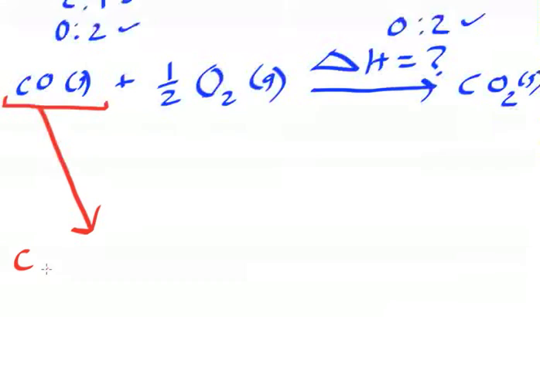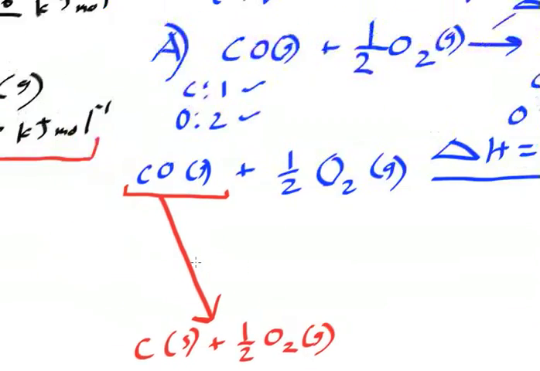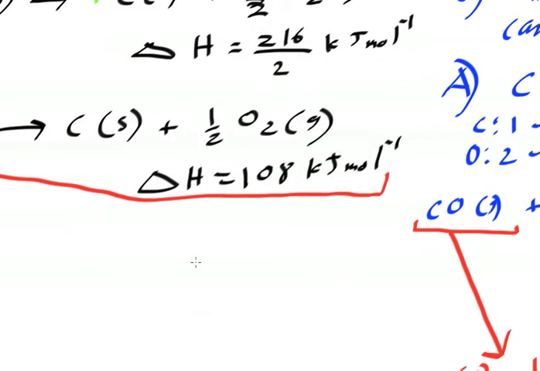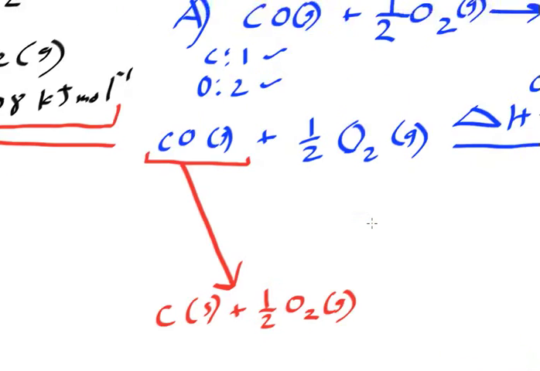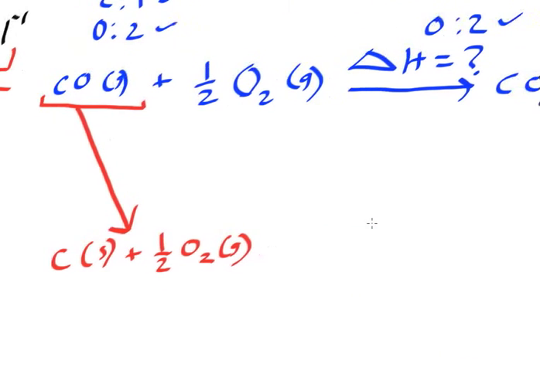CO as a gas is going to make a C solid plus a half O2, and that's a gas. And when it does that, the delta H is this 108 figure. So let's put that in. Delta H equals 108.